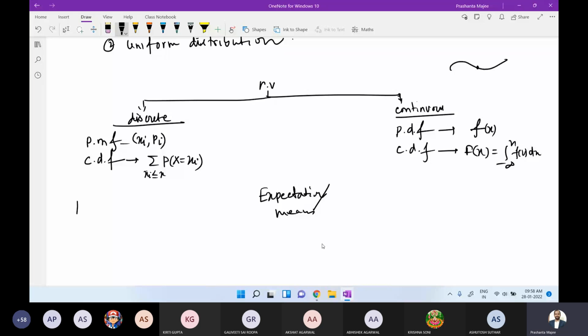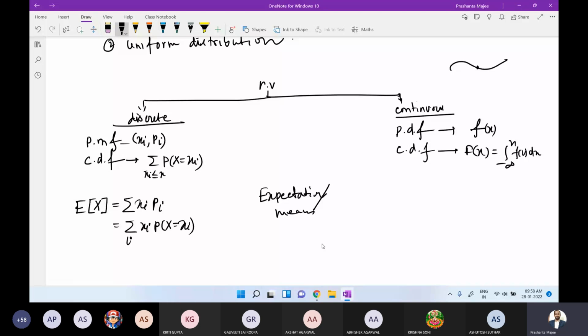So what is the definition? Expectation of x is summation xi into probability pi. So this is summation over i of xi times the probability that the random variable x assumes the value xi.